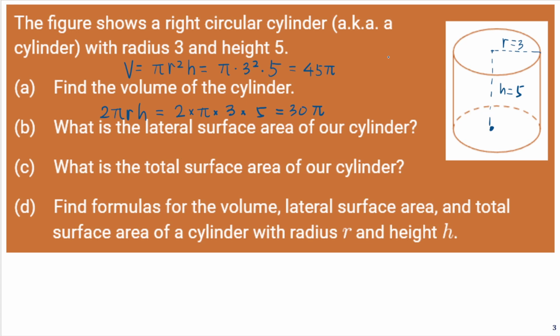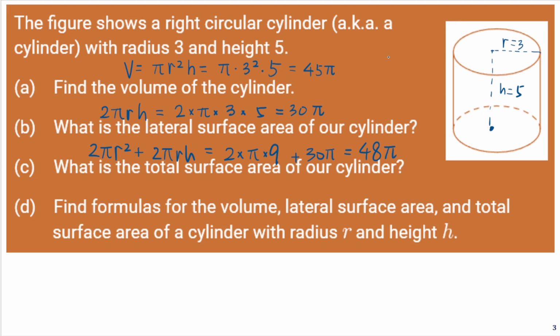Next, total surface area consists of the lateral surface and two bases, which is 2 pi r squared plus 2 pi r h, and this gives us 2 times pi times 9 plus 30 pi, and this gives us 48 pi.